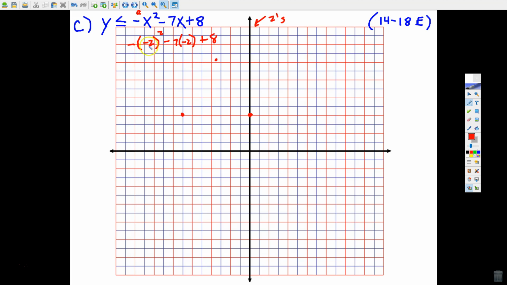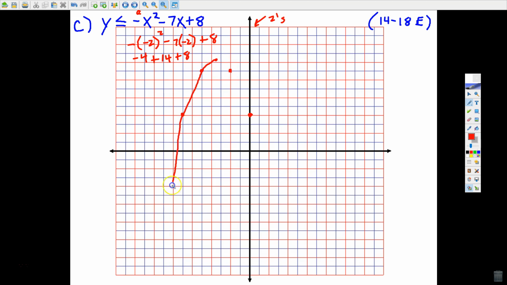Alright, so -2 squared is 4. That makes -4 plus 14 plus 8. So -4 plus 14 is 10, and 10 plus 8 is 18. So for -2, we get 2, 4, 6, 8, 10, 12, 14, 16, 18. And that's 1.5 to the right, so we'll do 1.5 to the left, matching that up.